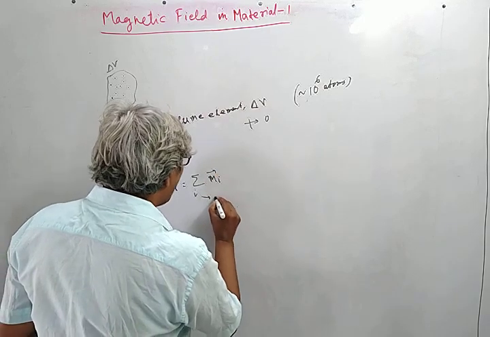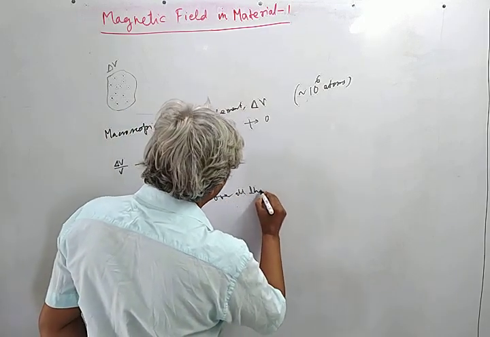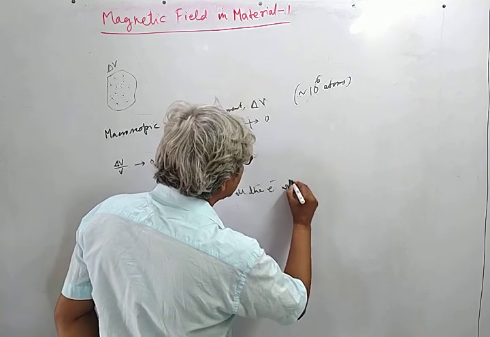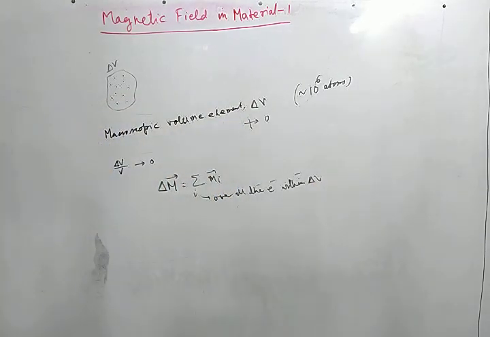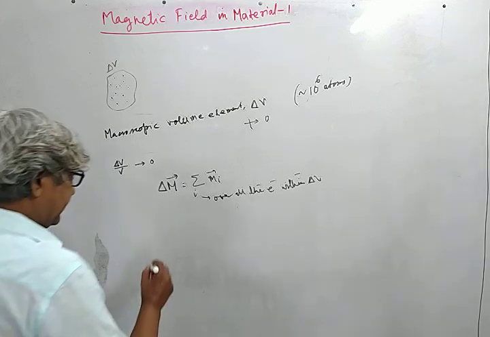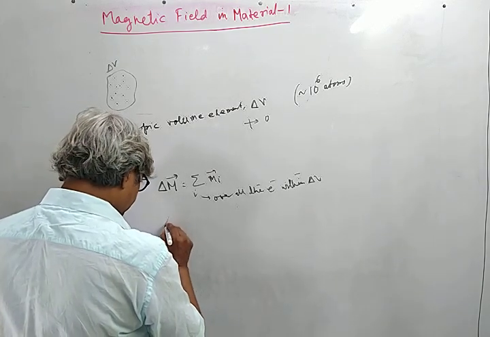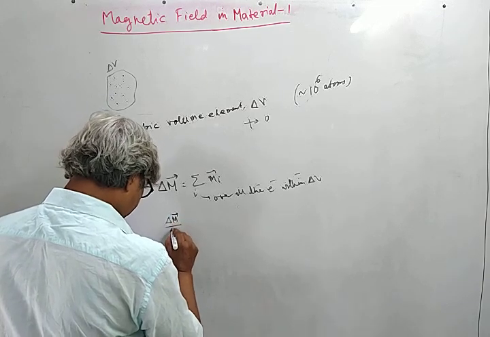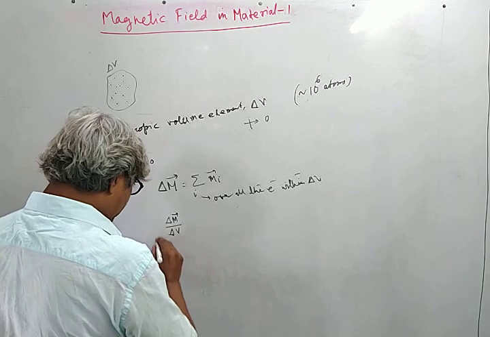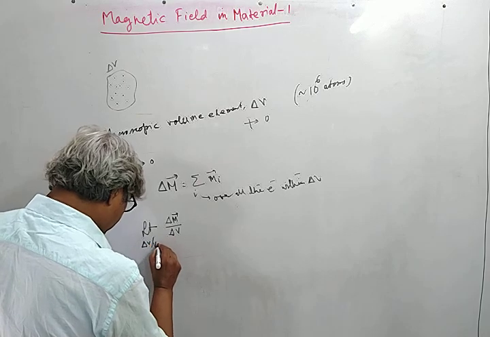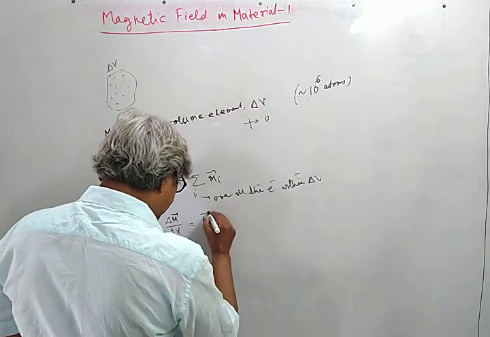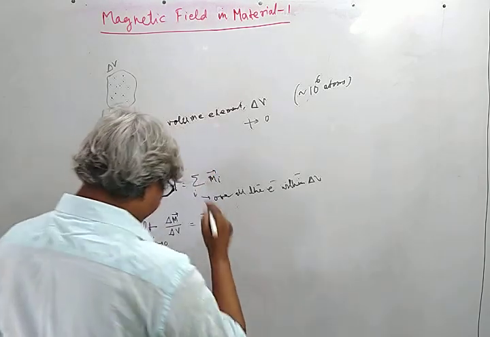This sum is over all the electrons within delta V. So this is the vector sum of all dipole moments of all the electrons within the volume delta V. Then we carry out the ratio, and we find that this ratio with decreasing delta V tends to a limit, and this is called the magnetization, so to say, the induced dipole moment.